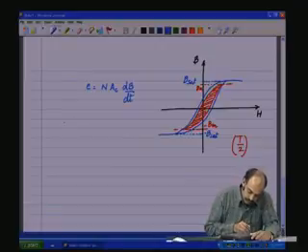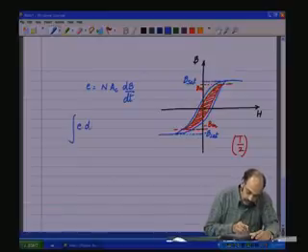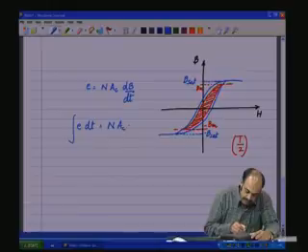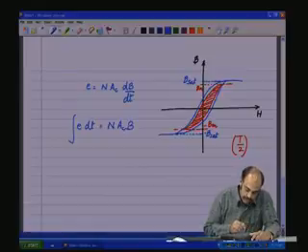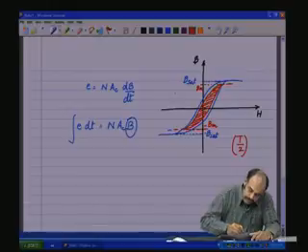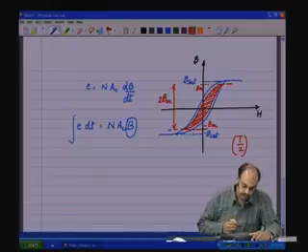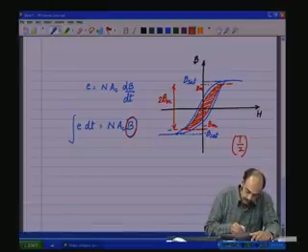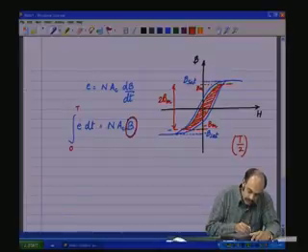So, we have integral E dt which is equal to n a c B, and the B has swung from minus Bm to plus Bm, that is a total swing of 2 Bm in the time of 0 to T by 2.